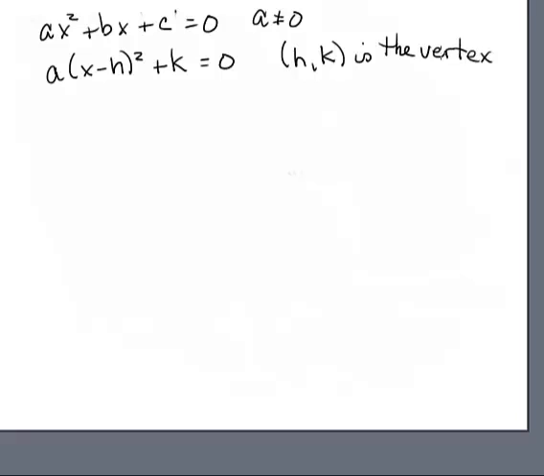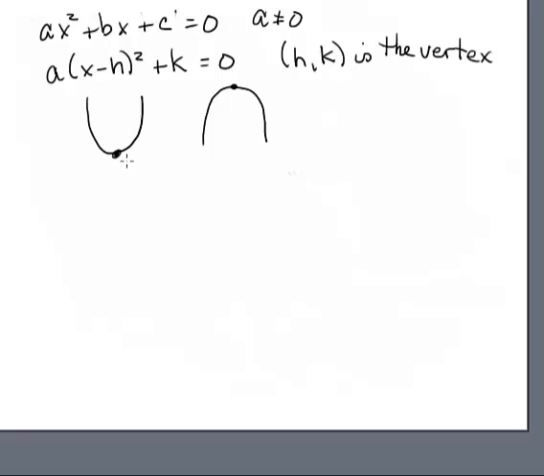So what is the vertex? Whether I draw a quadratic like this or like this when I graph them, this top point or this bottom point, those are both vertices. This one is a minimum and this is a maximum, the highest point here and the lowest point here.